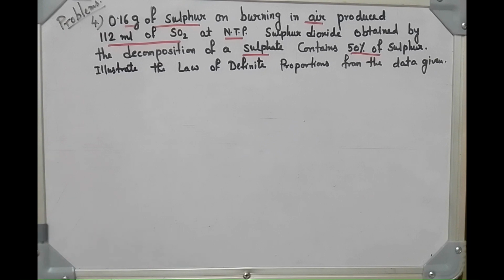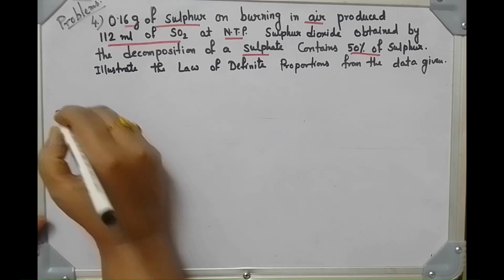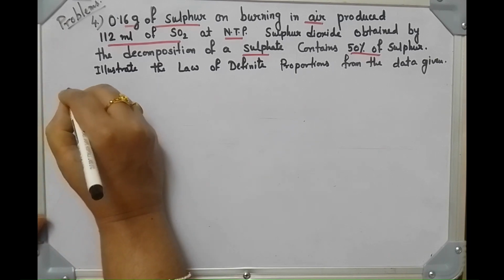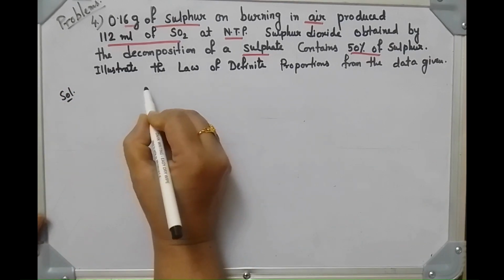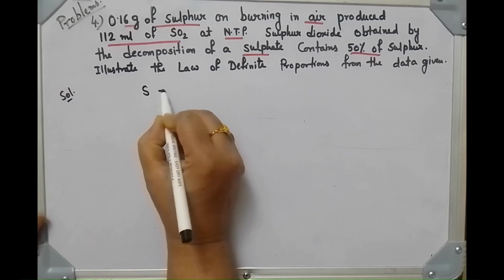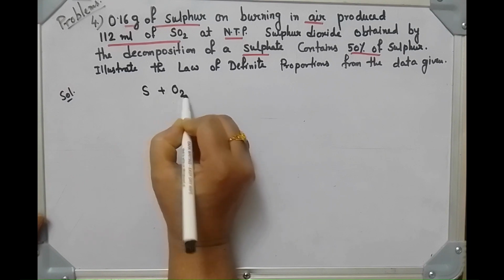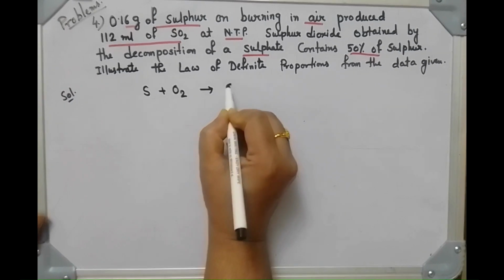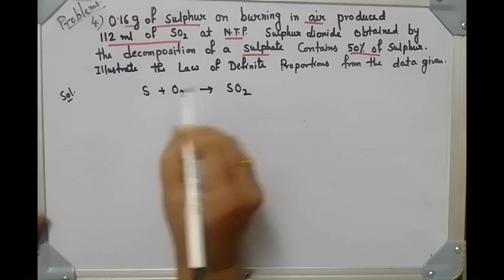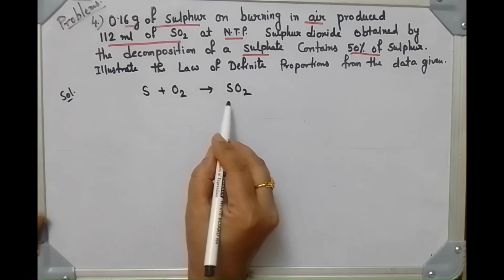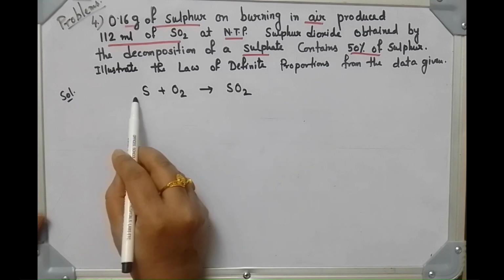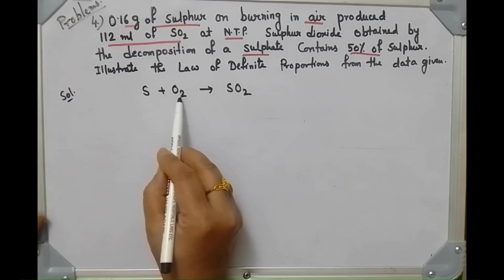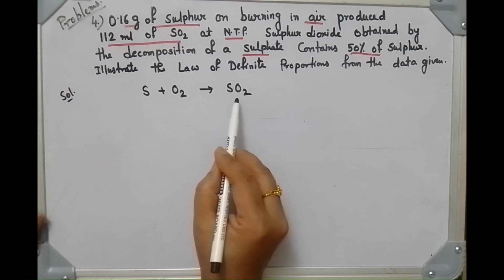So how will we solve this problem? It is given that sulfur by the treatment of oxygen is producing sulfur dioxide. You can see it is a balanced chemical equation. 1 mole of sulfur reacts with 1 mole of oxygen to produce 1 mole of sulfur dioxide.